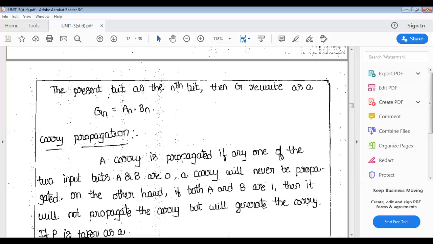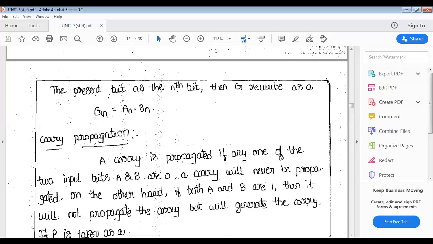We already discussed that. If any one of the inputs is a 0, the carry is not generated. On the other hand, if both the inputs A and B are 1, then it will not propagate the carry but will generate the carry.